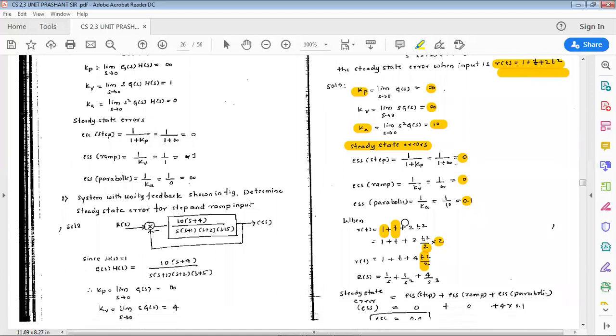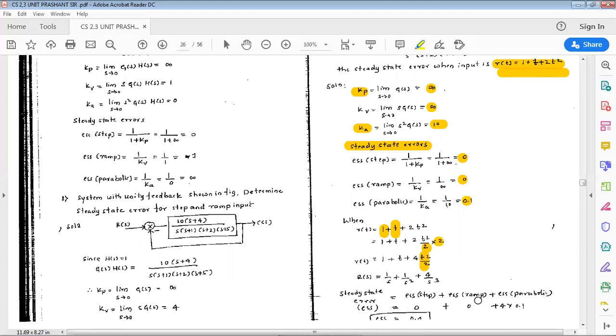Now we can write the steady state error due to that total applied input, for the signal 1 plus t plus 2t square. That is the sum of the steady state error due to step input, plus the steady state error due to ramp input, plus the steady state error due to parabolic input. Steady state error due to step input is what here? 0, 0 into 1, right?